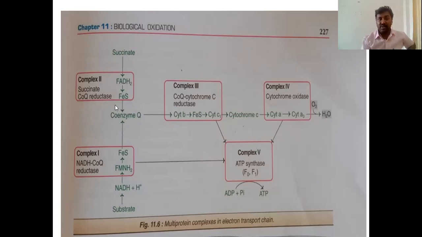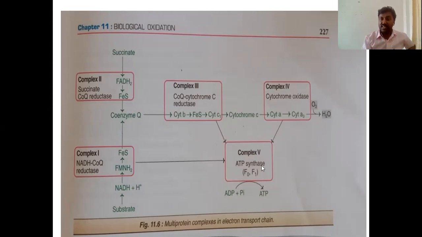So these hydrogen molecules and electrons move from NADH plus H plus to FADH2. The hydrogen molecules and the electrons are both transferred to the oxygen molecules to form water.